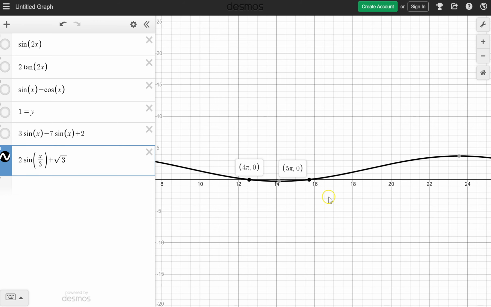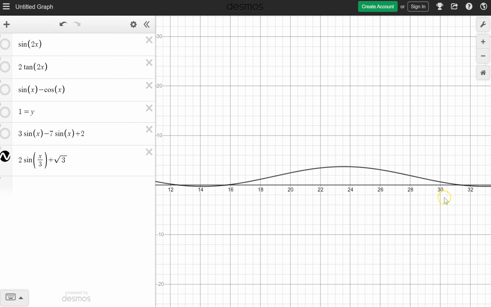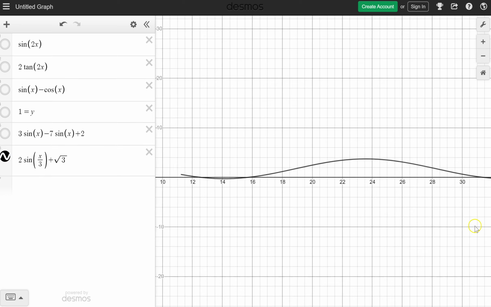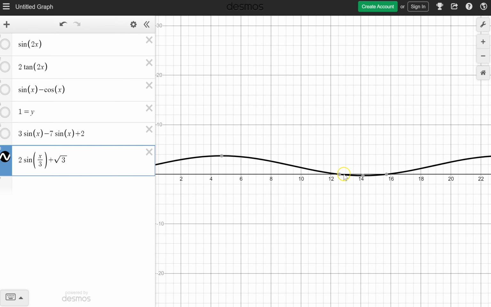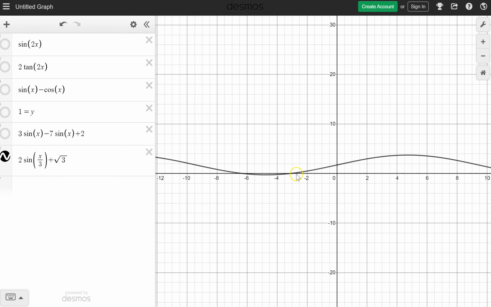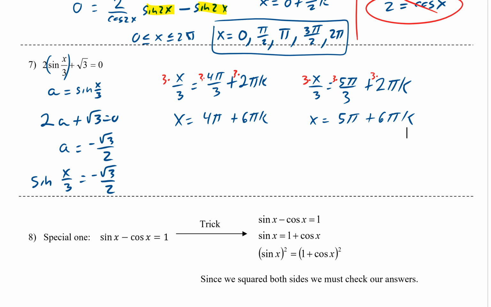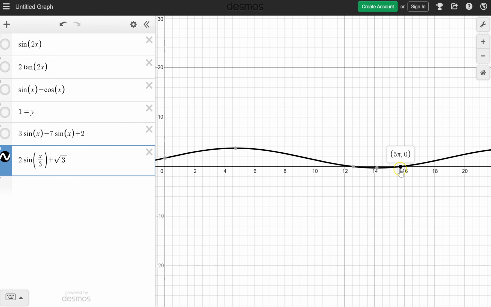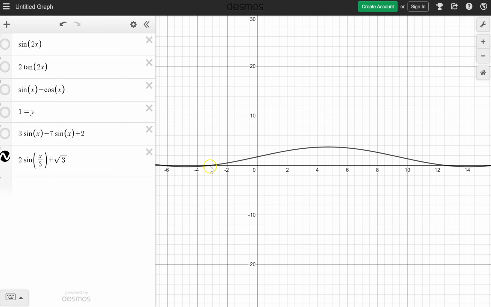So 4 pi, 5 pi, right there. 4 plus 6 is 10, and 5 plus 6 is 11, and then going the other way, 4 minus 6 is negative 2 pi, and 5 minus 6 is negative pi.